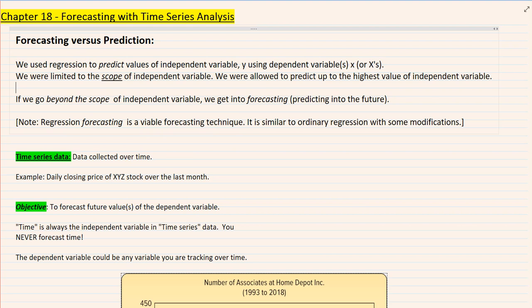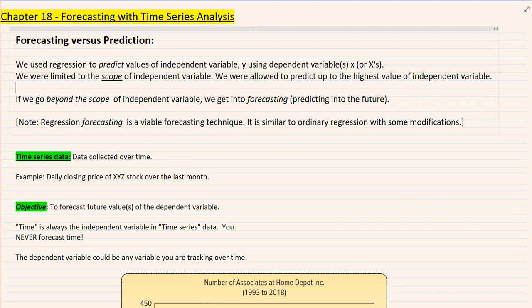If my sample has people with incomes between $50,000 and $250,000, then the scope of that prediction lies between $50,000 and $250,000. I cannot go beyond that. I cannot predict the net worth of a person whose income is $300,000. So with prediction using regression, we are limited to the scope of the independent variables.